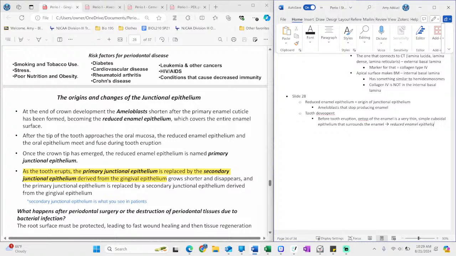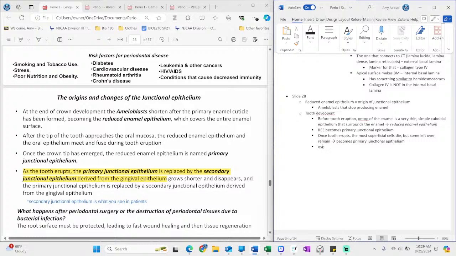And that is what becomes the primary junctional epithelium. Once the tooth erupts, obviously the most superficial cells died, but some leftover is going to remain. And that leftover is what becomes the primary junctional epithelium.